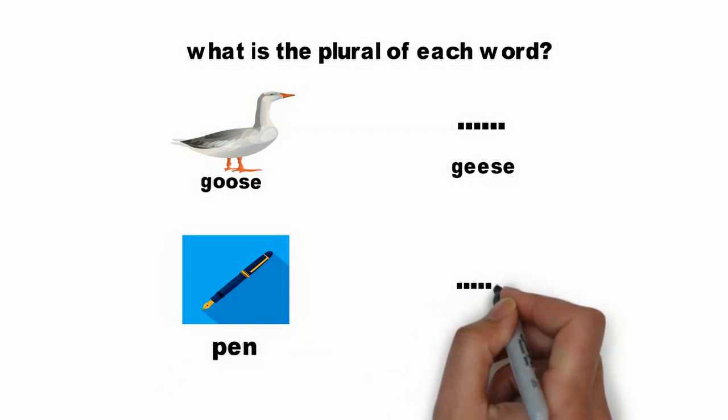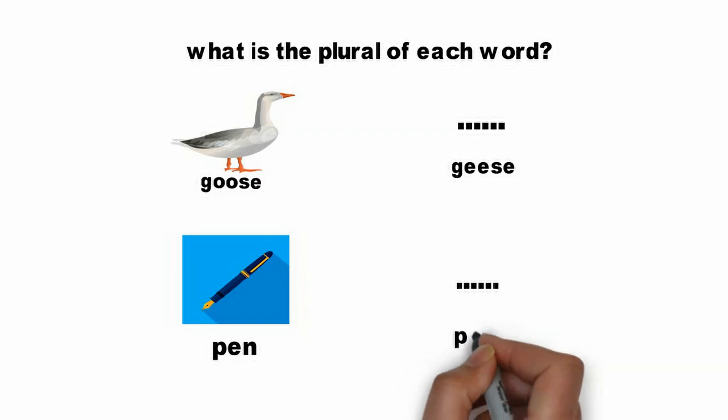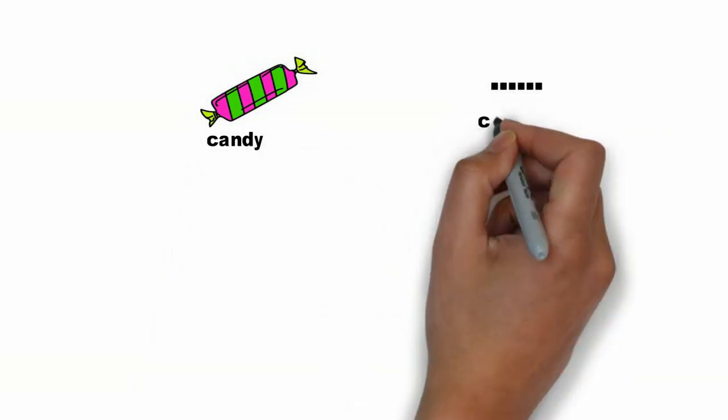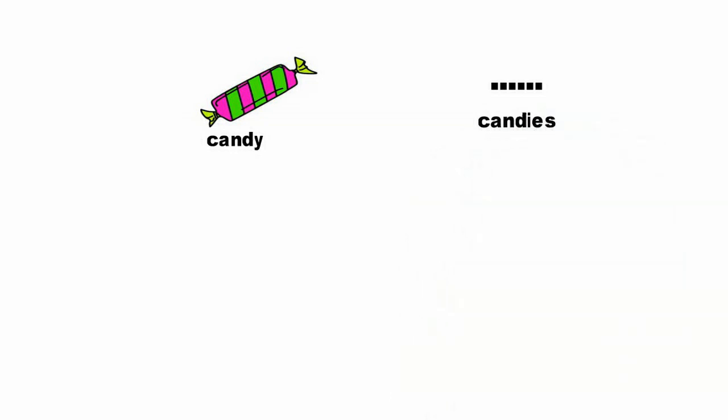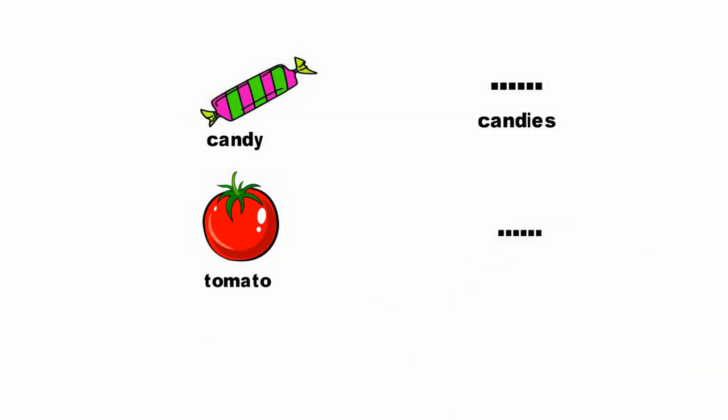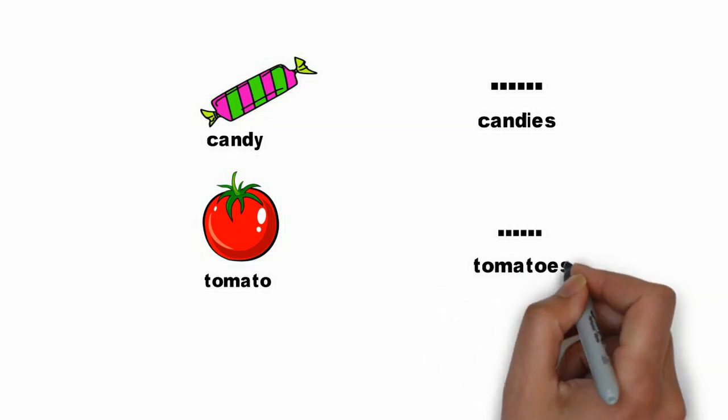Think about it. Correct, pens. Candy, what's the plural noun? Great, candies. You add ies. Tomato, what's the plural noun? Correct, tomatoes. You add es.